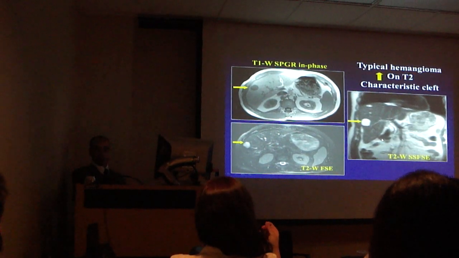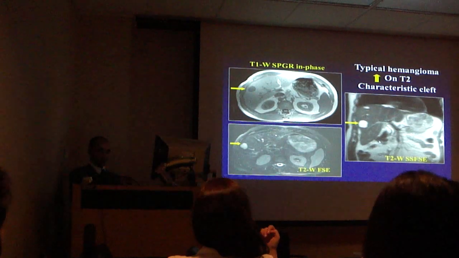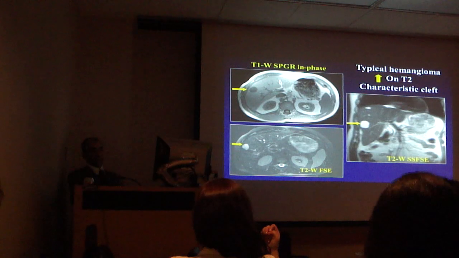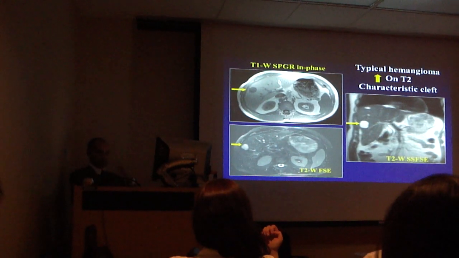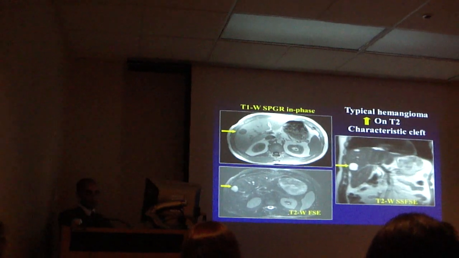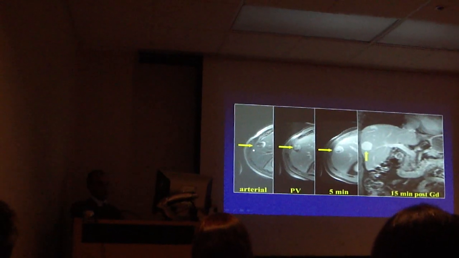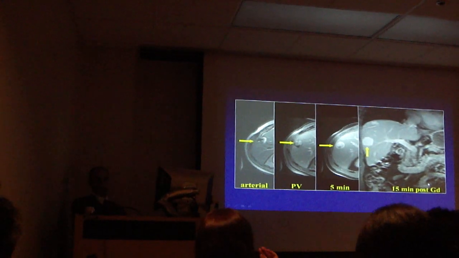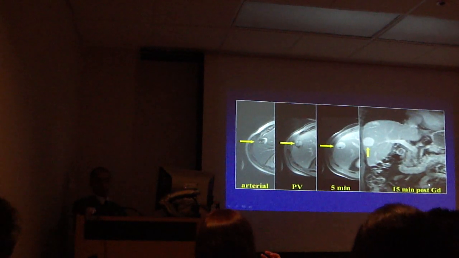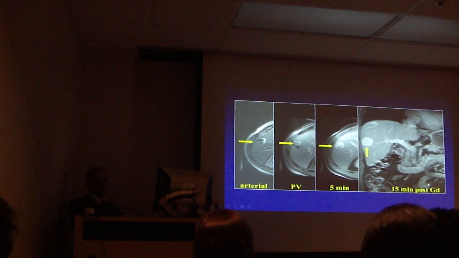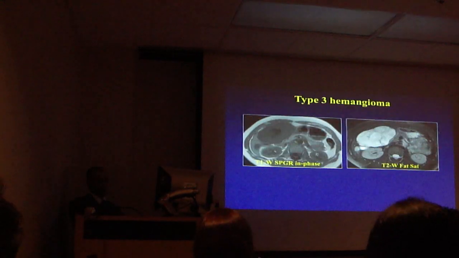It does not demonstrate dropout in signal, whereas there are certain lesions, and I'll describe them later, which as you increase the T2 weighting, the lesion drops out in signal. So what is happening here? Yes, progressive filling in, and if you wait long enough, it will completely fill in. So this is a type 2 hemangioma.